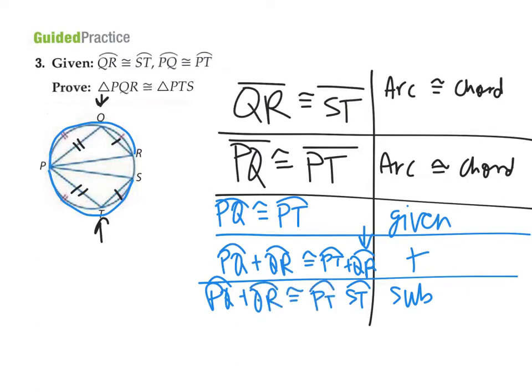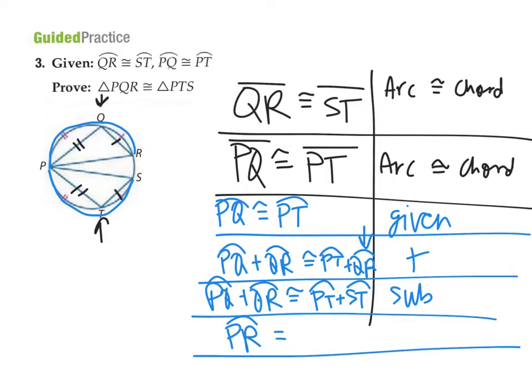All right, and for the grand finale, we're going to combine these different arcs together. So arc PQ plus arc QR is going to be arc PR, and we can say arc addition. We're adding those arcs. And then arc PT plus arc ST is going to be arc PS, again by arc addition.